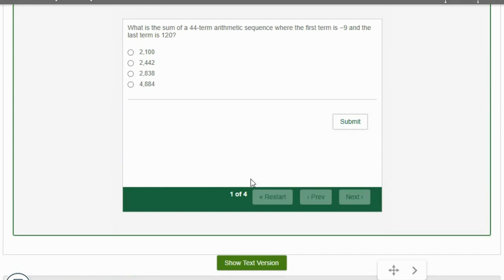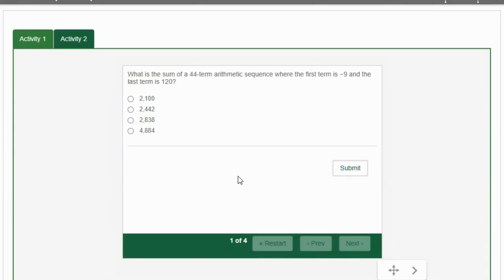We'll do one of them here, and then we'll look at the assignment. What is the sum of a 44-term arithmetic sequence where the first term is negative 9 and the last term is 120? So we have the first term, we have the last term.